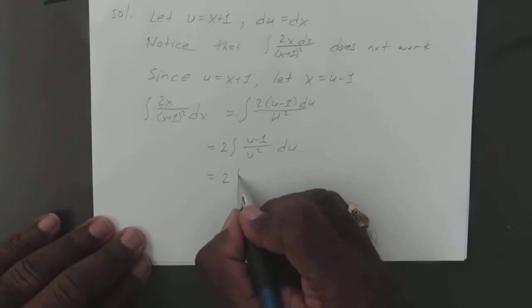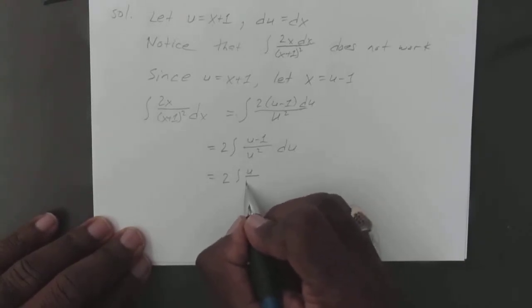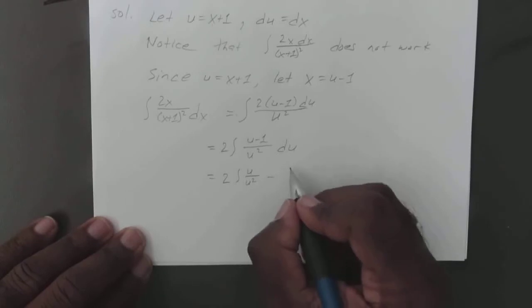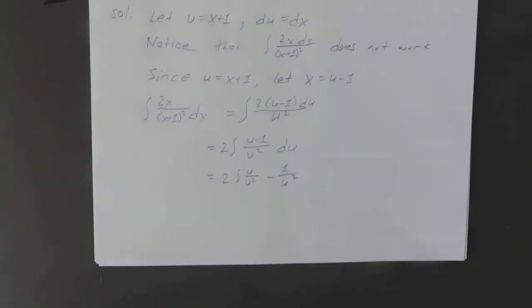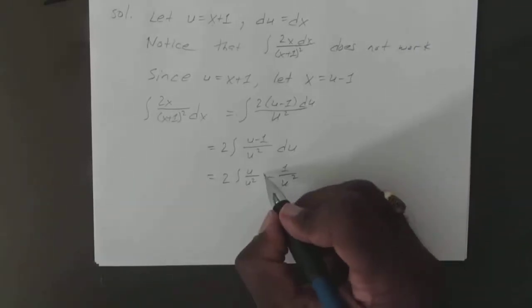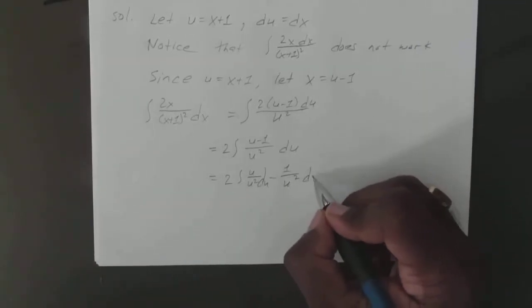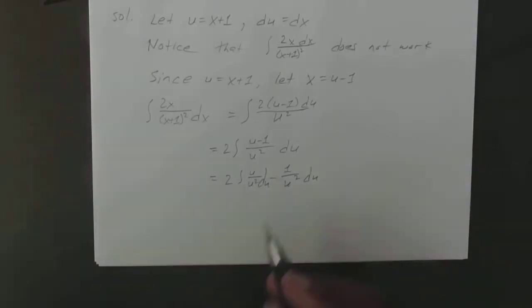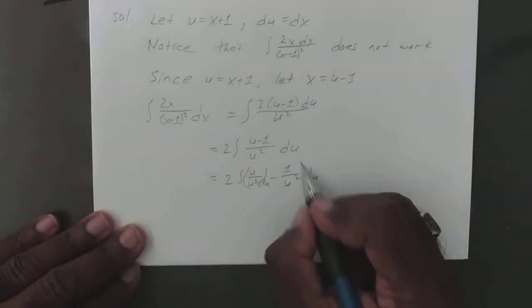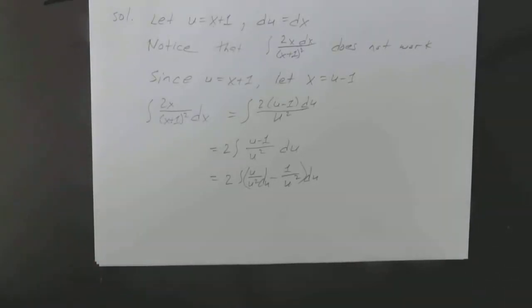Okay, so we get that one, and we just separate it. So you have 2 times the integral of u over u squared minus 1 over u squared du. So this first one simplifies to 1 over u.